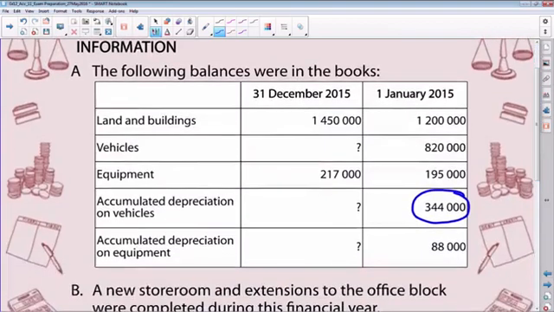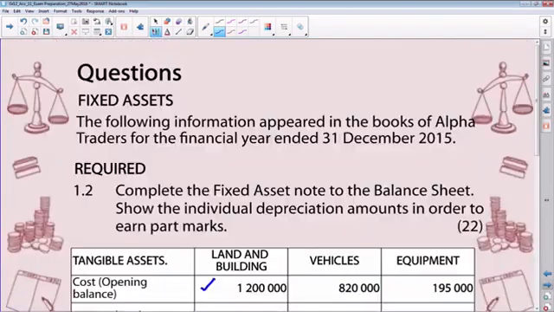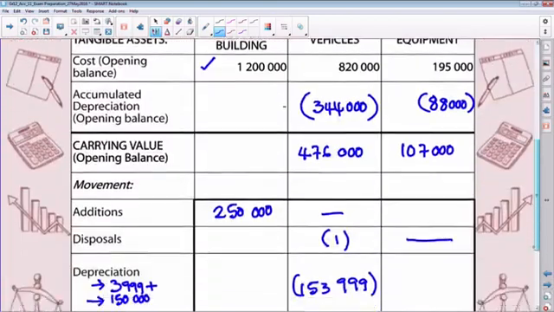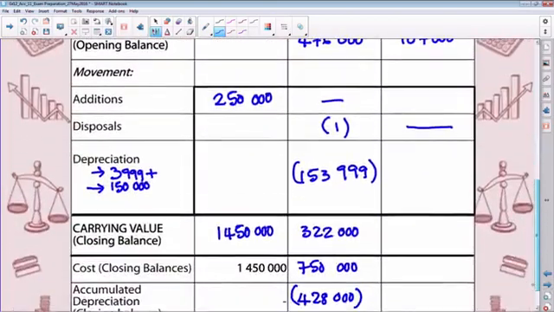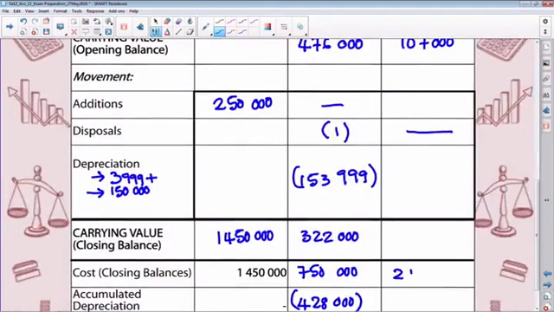Look at my equipment. What's my closing balance? 217,000. Aha, information that I need. So immediately I say, fine, put in my closing balance of 217,000 Rand.